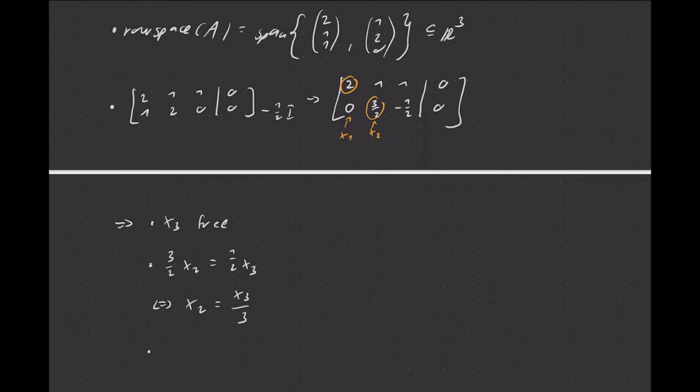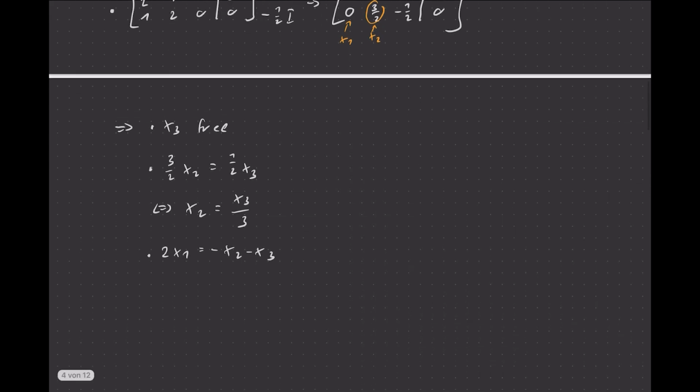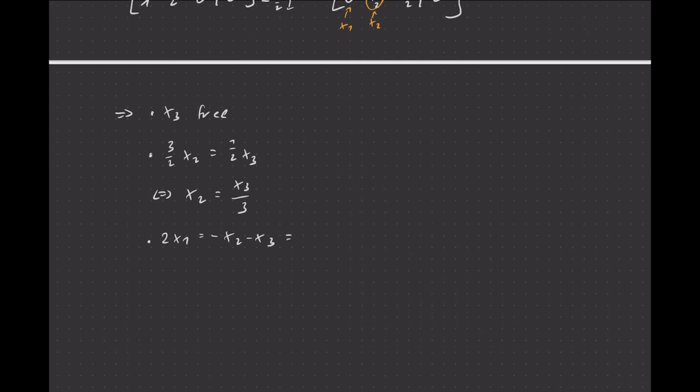And the first row gives us the equation 2x1 equals minus x2 minus x3. x2 is x3 over 3, so that is minus x3 over 3 minus x3. So minus 4 over 3 x3. And that means x1 is 2/3 x3.